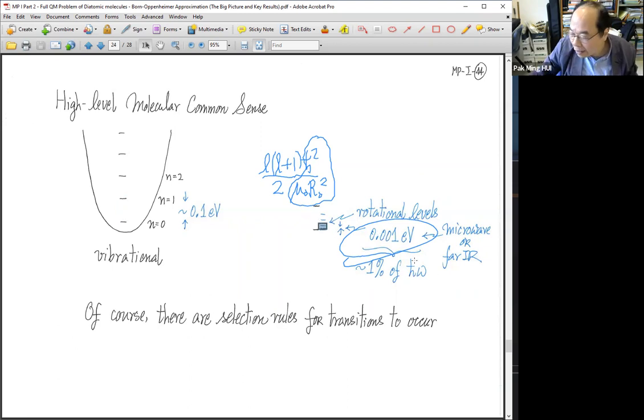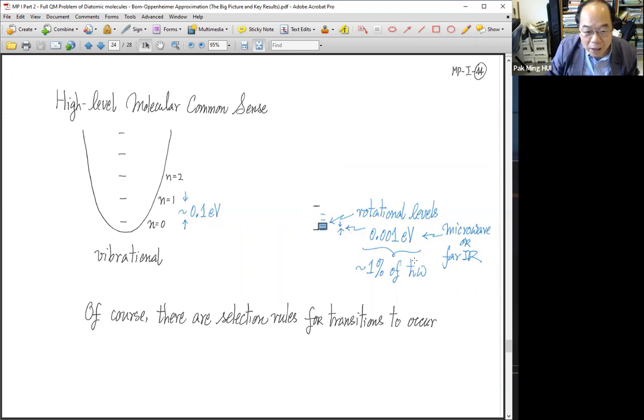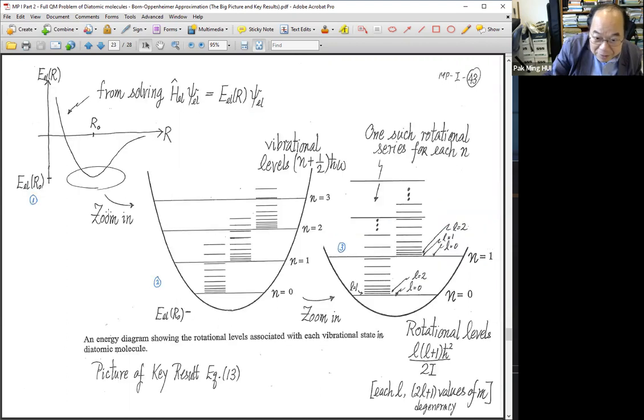They differ by 1 over 100. So if 0.01 eV, 0.1 eV, this is 0.001 eV. So this is 1%. That is to say, if this is 1, this thing should be much smaller. But in order to let you see it, this is exaggerated. Okay?